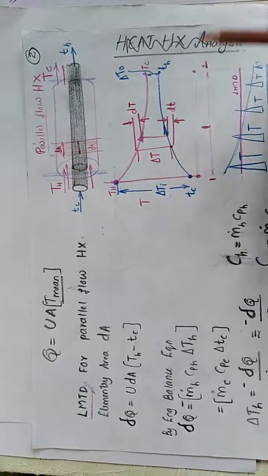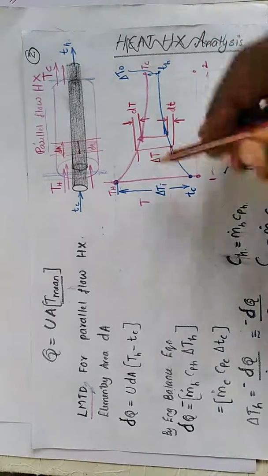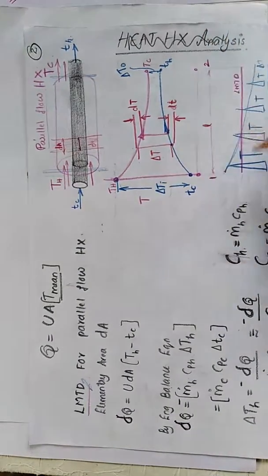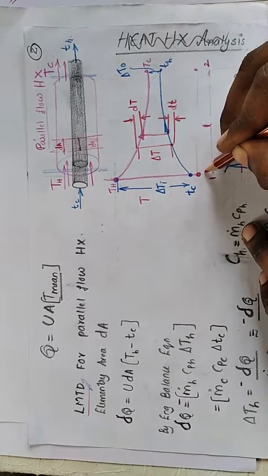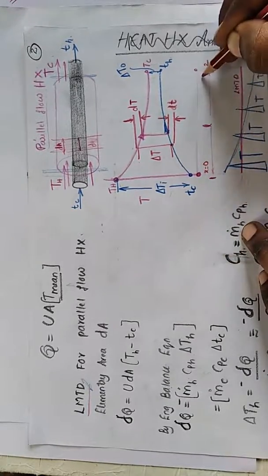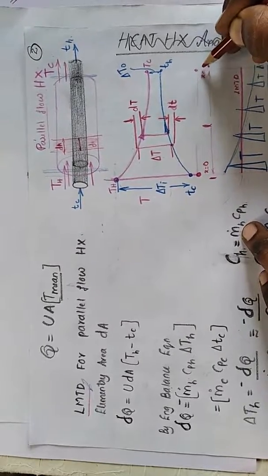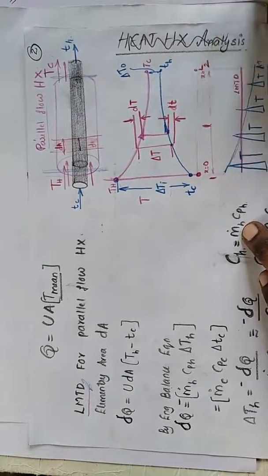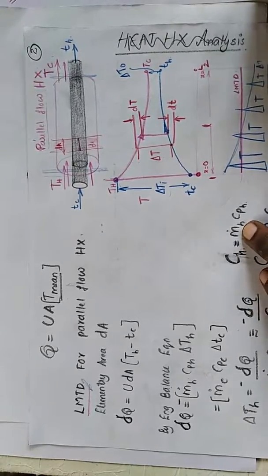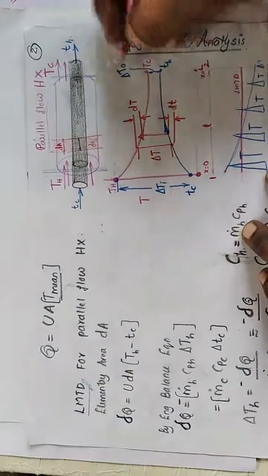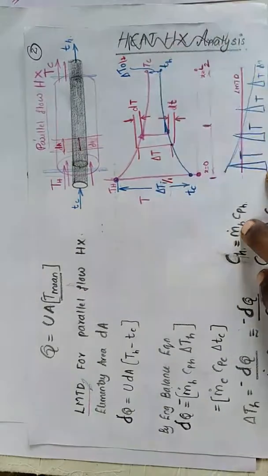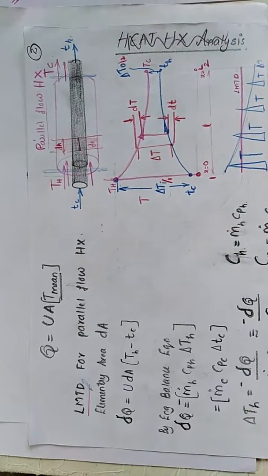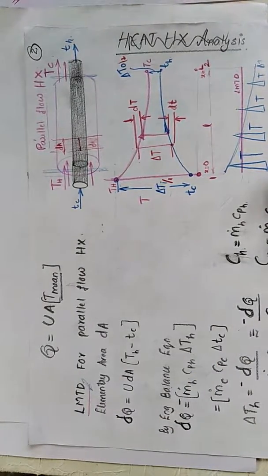This is delta T at length equal to 0, at x equal to 0, and here the length is equal to L, x equal to L. Now this is T outer or T2, and this is T inner or T1. Now we are going to discuss the LMTD for the parallel flow heat exchanger.